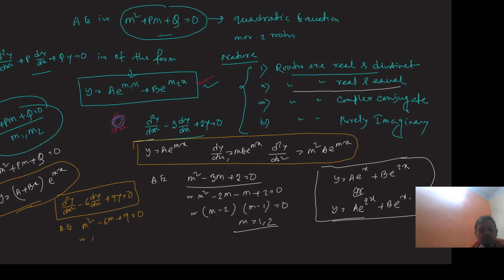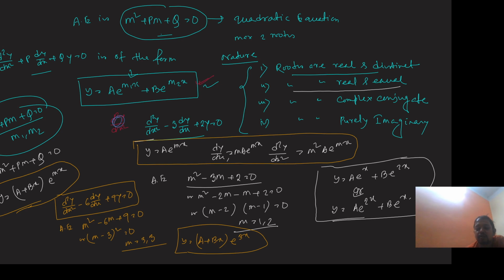If we solve, we will get (m minus 3) whole squared is equal to 0. So we get the roots m is equal to 3 and 3. So the solution is of the form y is equal to (a plus bx) e to the power 3x, where in all these cases a and b are constants.